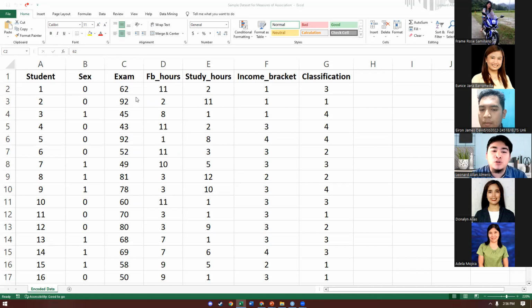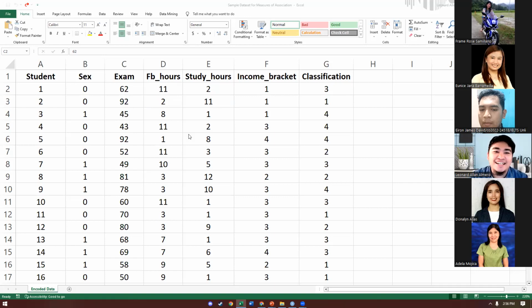Hindi po siya ordinal kasi pwede tayong mag-add ng scores. Kaya nyo i-add yung scores ng dalawang student, and it's still meaningful. Ratio po ang exam, clear po ba tayo dito?